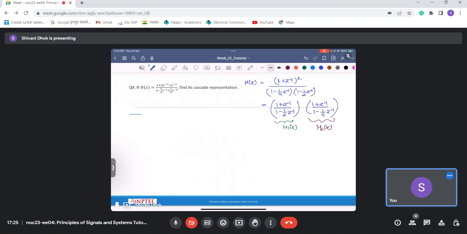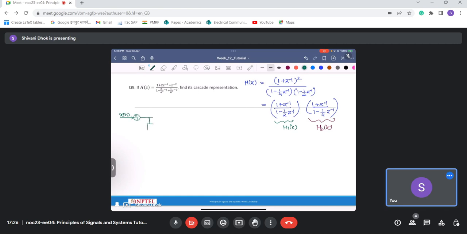So what I have is, this x(n) will get added here, then it will be z inverse. I'll have a z inverse, x(n), it will get added.